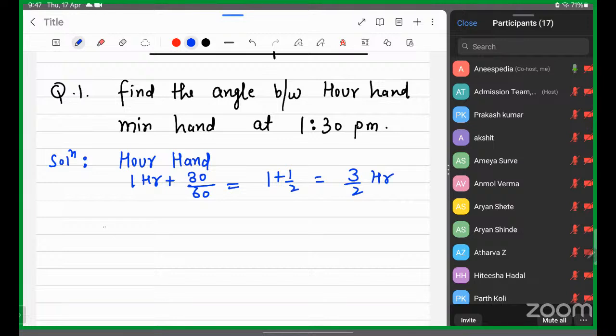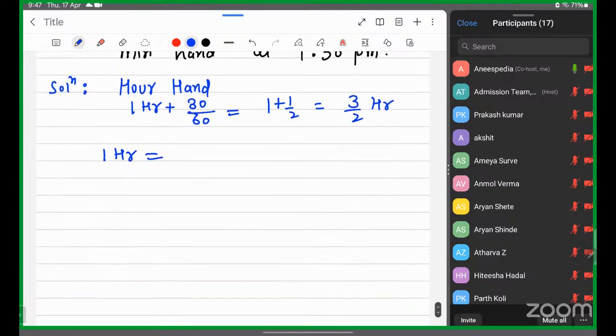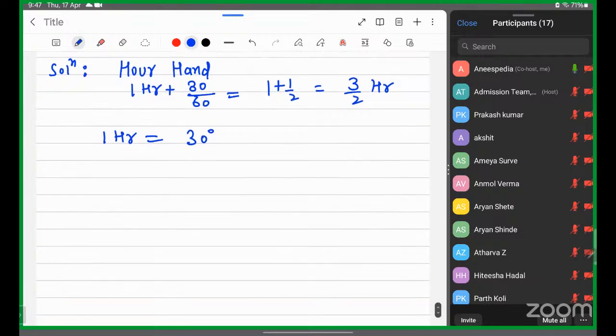Hour hand will travel how much angle in 1 hour? 30 degree. So in 3 by 2 hour it will move 30 into 3 by 2, right?